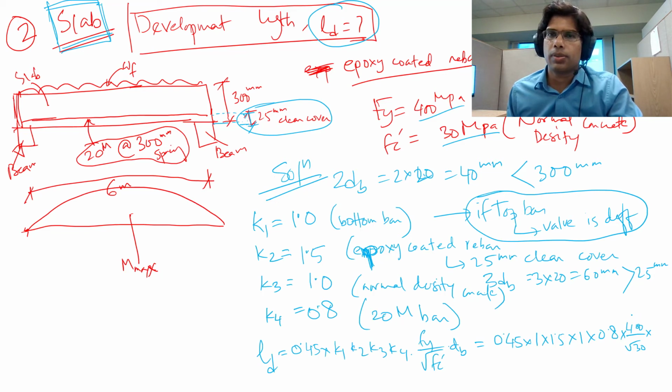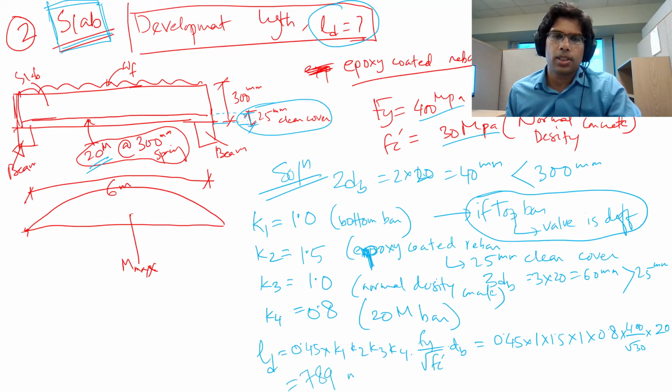As I mentioned a few times, once again, when you solve the problem in assignment or exam, you should always use the real diameter. But for this case, I'm using just the number for just learning purpose. So diameter is 20, so multiply by 20. So you get the value is 789 millimeters.